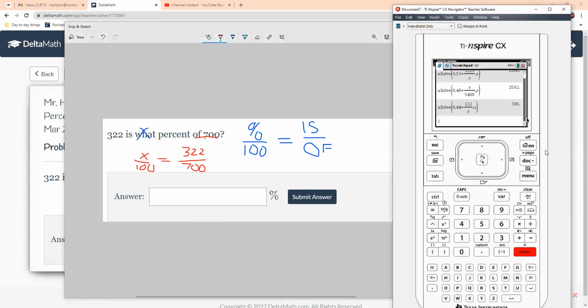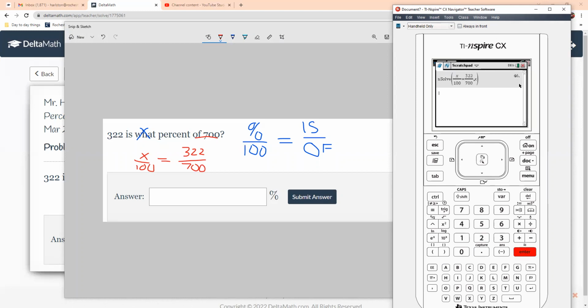Menu 3, 1, the solve command. Then we type x divided by 100 equals 322 divided by 700, comma, and whatever variable you're solving for, then press enter.